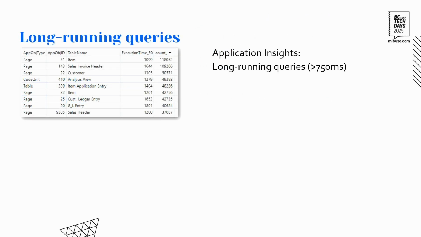When I look at long-running queries, I usually summarize because there's always one slow occurrence and some fast ones, so it's more interesting to summarize. These are some examples where we summarize for pages. I won't delve too much into the numbers, but this is the kind of numbers we can get.